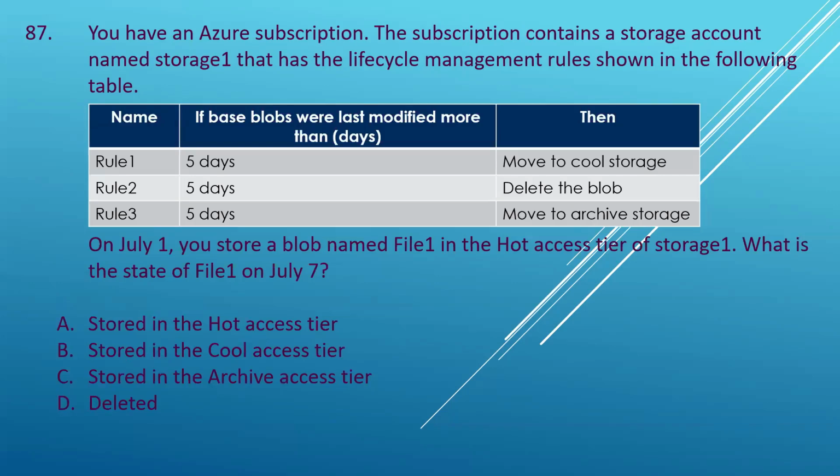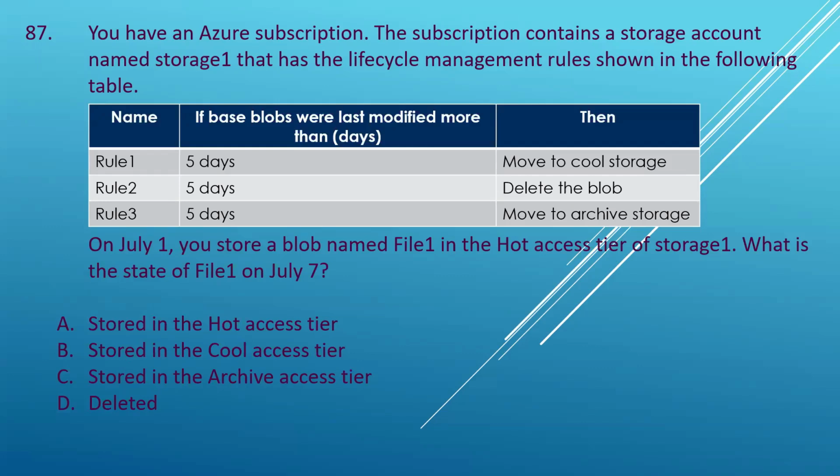This is definitely a trick question, as all the 3 rules have an action defined after 5 days of last modification. So all of them will apply to the blob at the same time in this case. Whenever you have such lifecycle management rules defined, then lifecycle management applies the least expensive option to the blob.